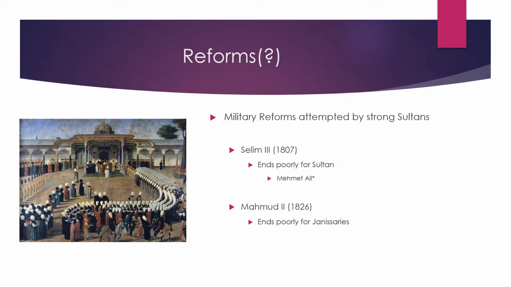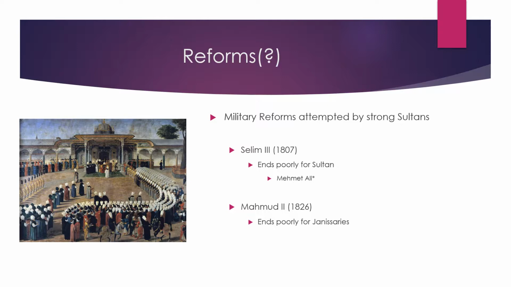One of his generals at the time, or at least somebody who was inspired by him, was an individual known as Mehmet Ali, an Albanian-born general who really saw the value in this kind of reform that he was attempting. Unfortunately, he also saw the consequences of trying to implement these reforms without laying the groundwork first.